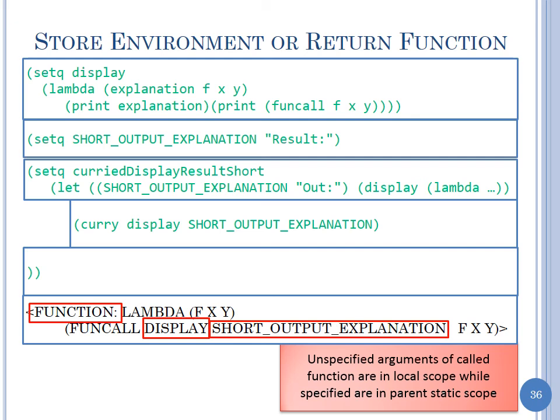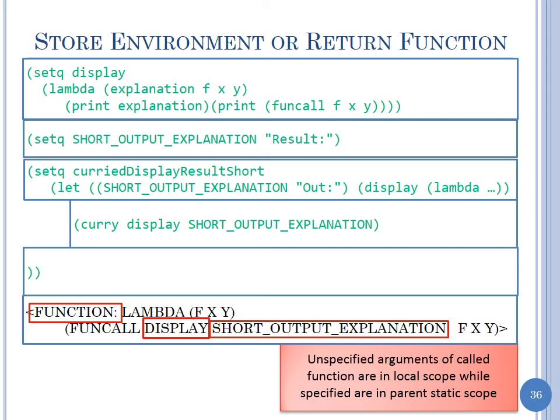Okay, and now the ones that are specified at call time are in the local scope. Okay, and the ones that were specified at currying time are in this environment, which is the parent environment of the local scope. Okay, so now we have these two sets of arguments being treated differently, which they have to be because we are currying.